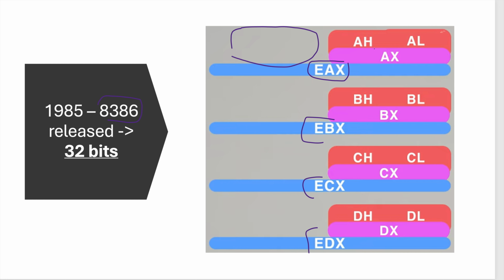Now you have AH, AL, AX, and then you have almost like a replication of it, though not exactly a replication. They added 16 more bits, making a total of 32 bits.